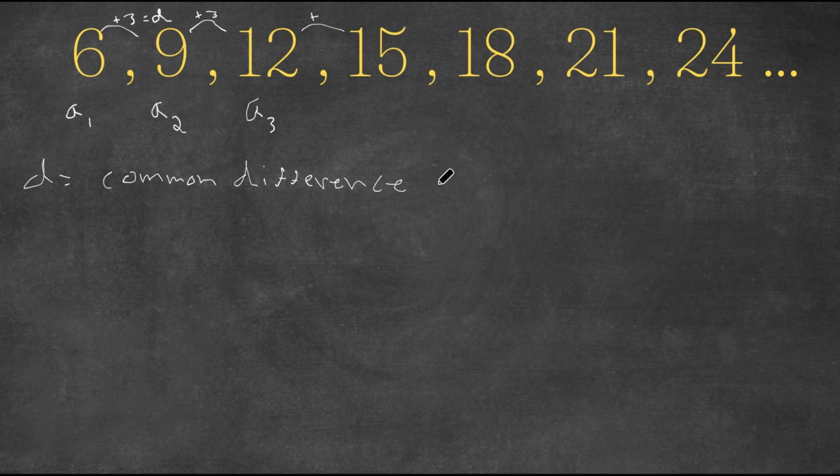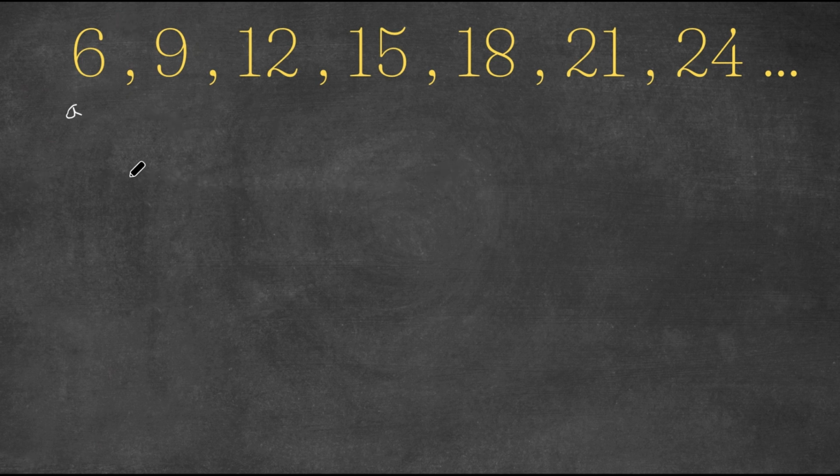All right, so now that we know this, how would we find the nth term of the sequence? Let's just say we want to find the 15th term of the sequence, right? How would we do this? Well, to find the nth term of the arithmetic sequence, we actually have a formula. The formula goes by a sub n, n being the term we want to find.